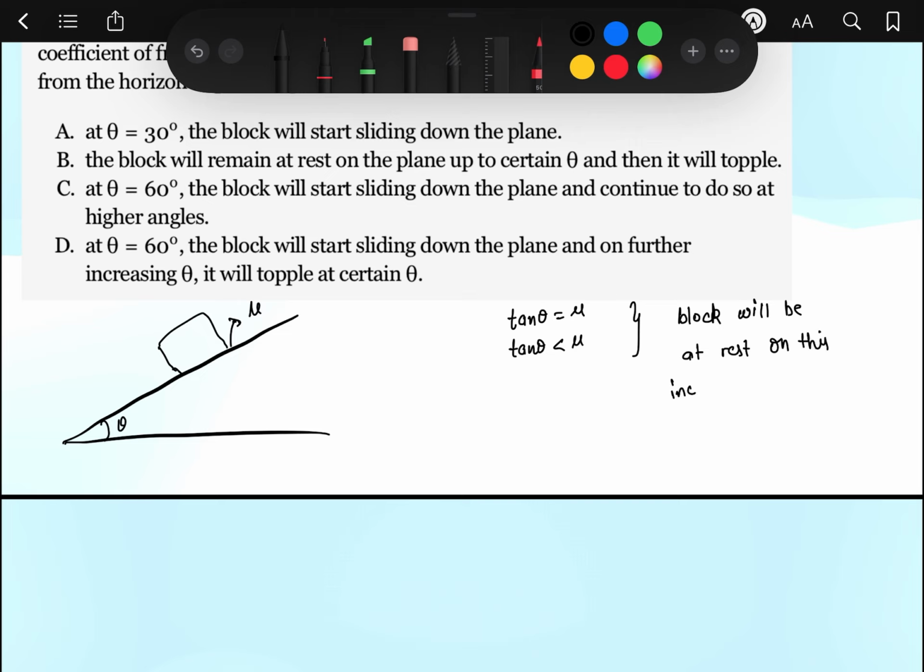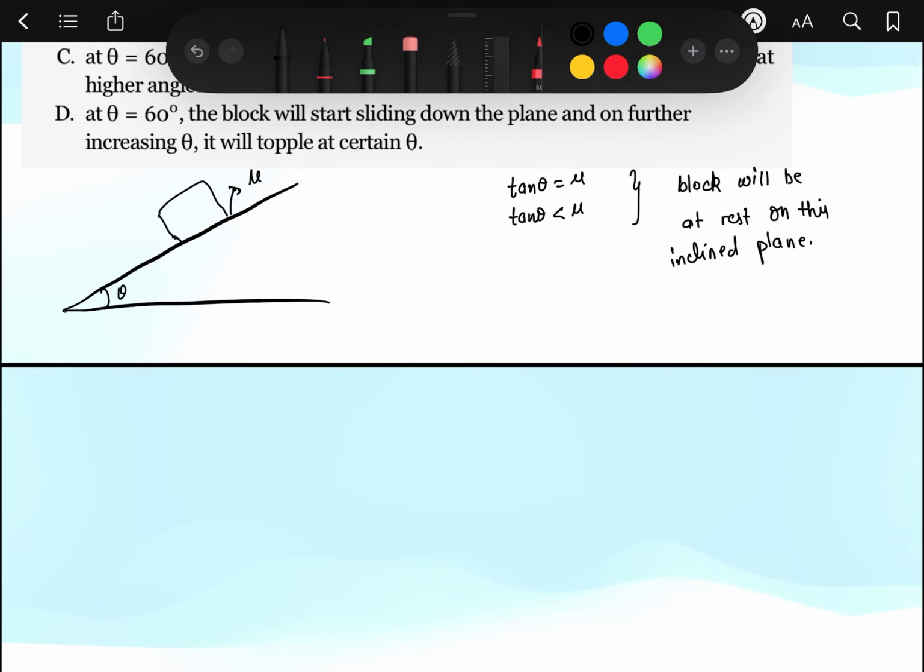Now if tangent theta is greater than mu, then this block will start sliding downward on the inclined plane.